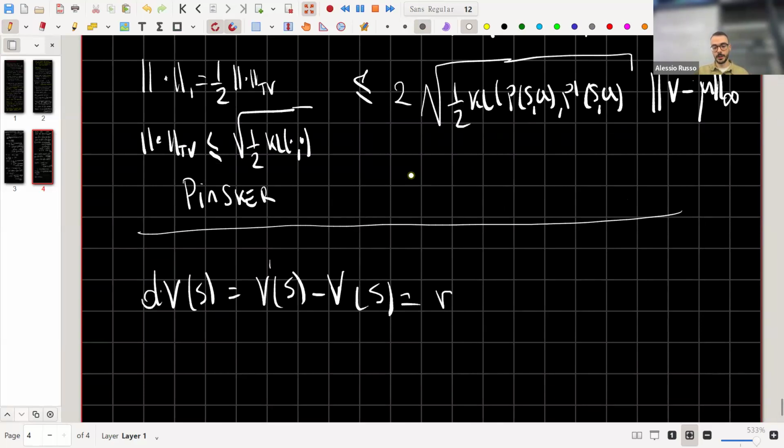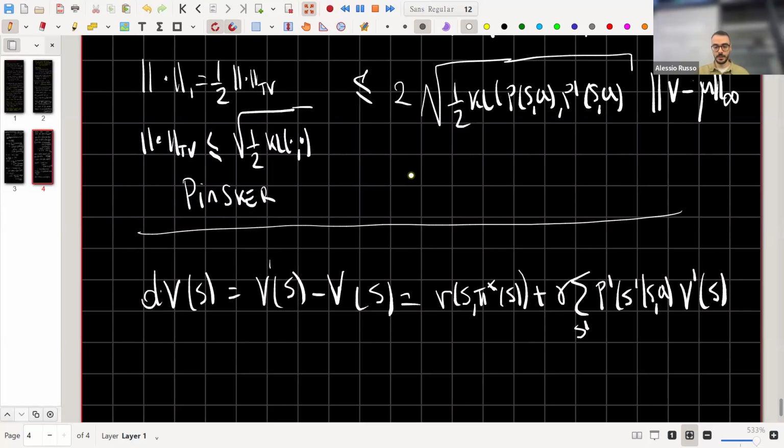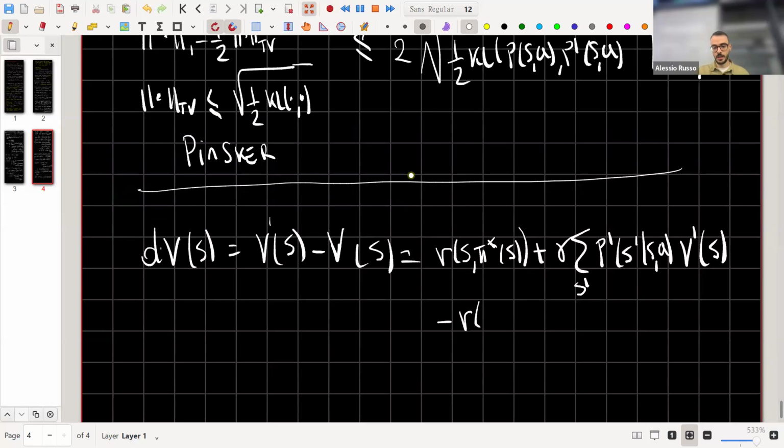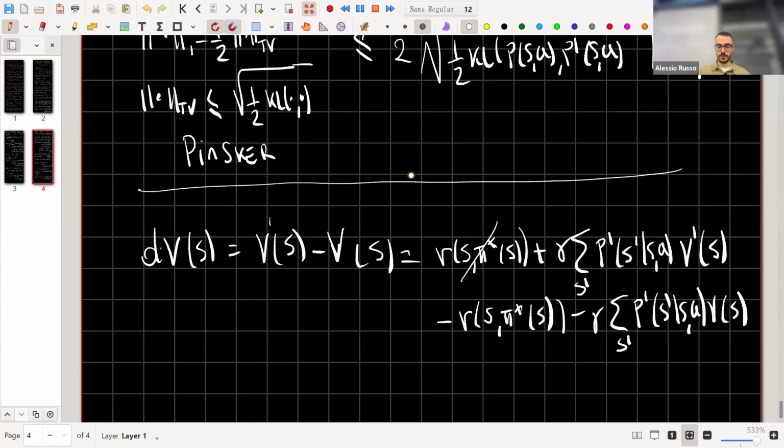So this difference is simply R of S, pi star of S, plus gamma sum over S prime of P prime of S prime given S, A, times V prime of S, minus R of S, pi star of S, minus gamma sum over S prime of P prime of S prime given S, A, times V of S. So these two terms will cancel out.